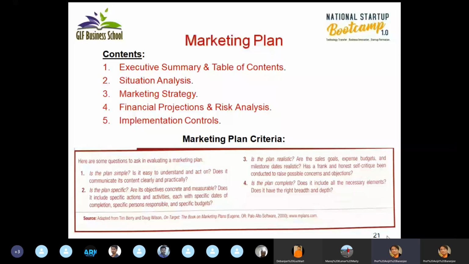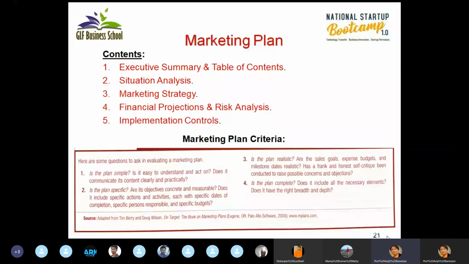You know that a marketing plan is a written document which summarizes what the marketers has learned about the marketplace and indicates how the firm plans to reach its marketing objectives.